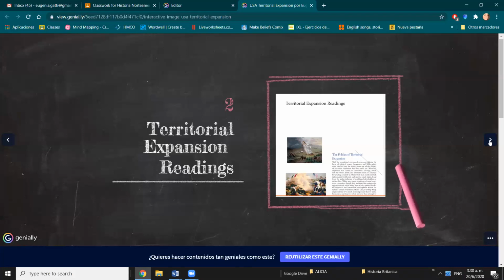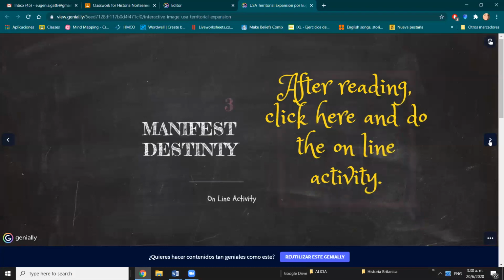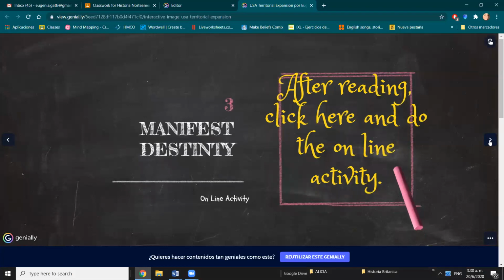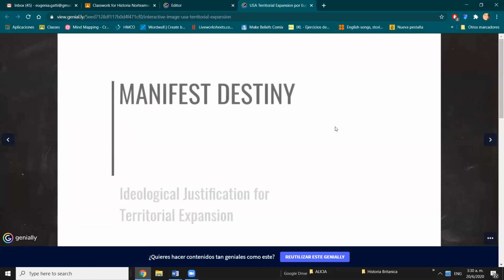After reading, we will ask you to do an online activity, which is here in this same presentation, in the one you have posted. So when you click here, first you have to do the reading, because you will have to connect what you read about Manifest Destiny, which is the ideological justification for territorial expansion.